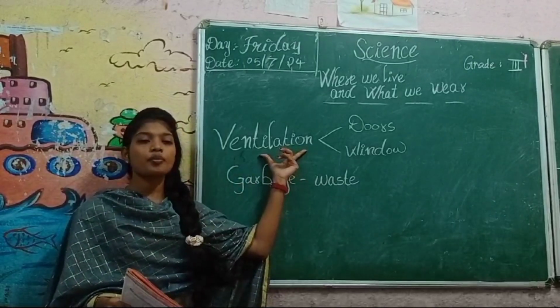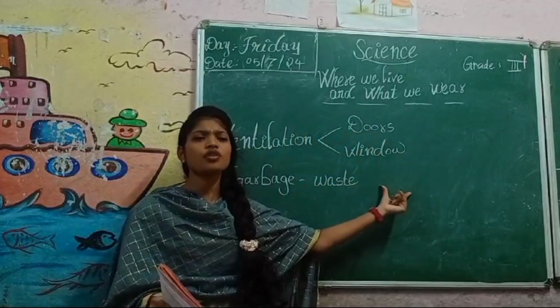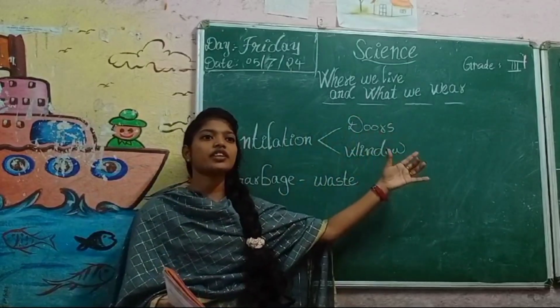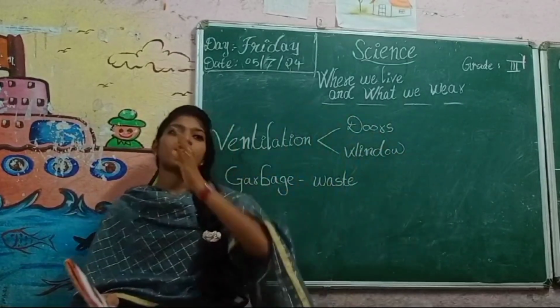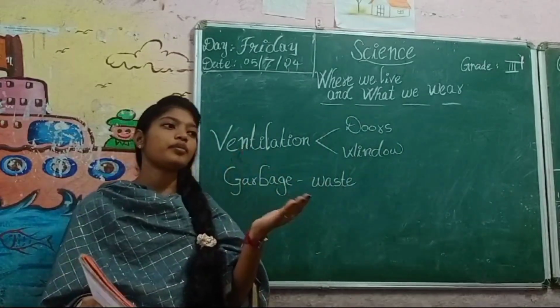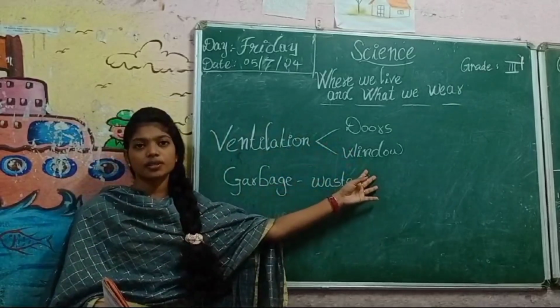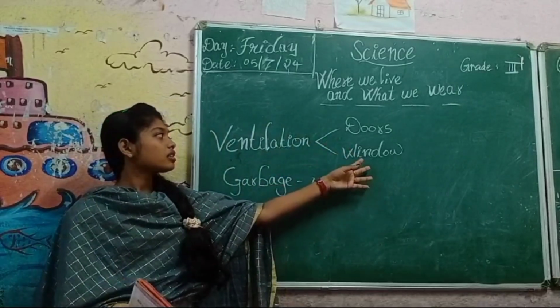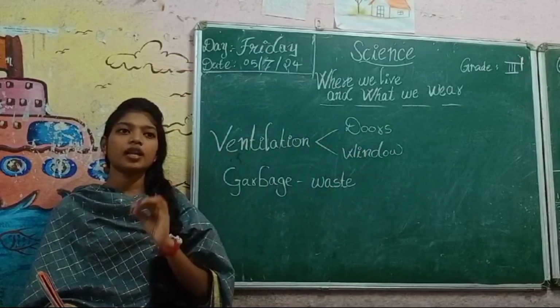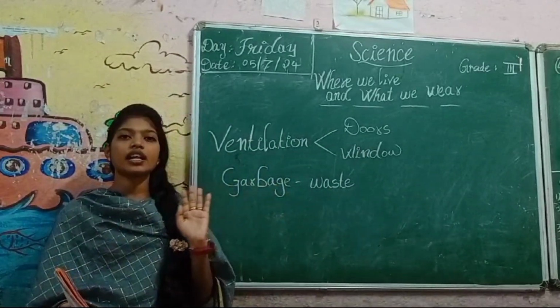Ventilation means having proper doors and windows. Through doors and windows only, we get fresh air and sunlight, and stale air comes out through doors and windows. Then the entering of sunlight helps us kill the germs inside our house.